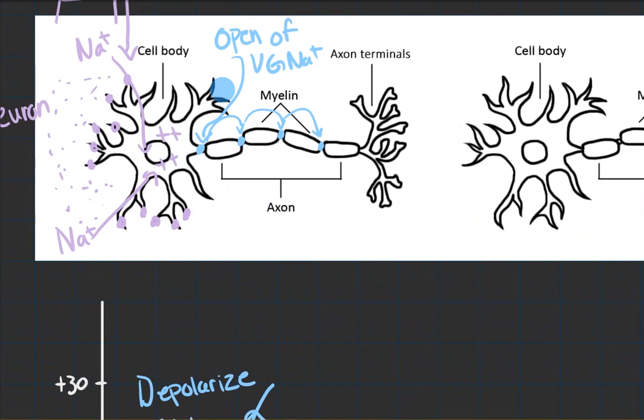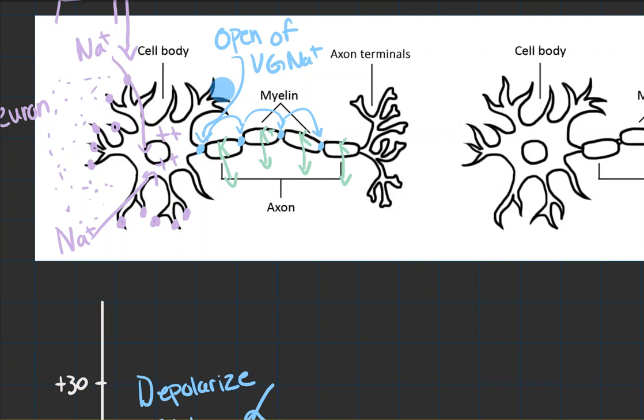So after sodium channels open across the entire length of the axon and sodium moves in, very quickly they will close, and what will happen is potassium will start to move out. Now, I know I'm drawing potassium being kind of on top of the myelin.